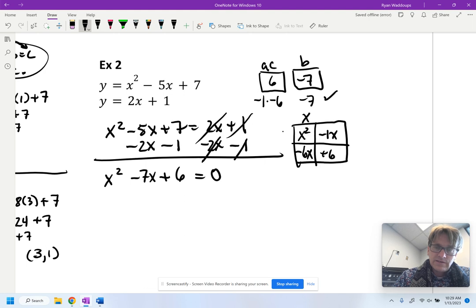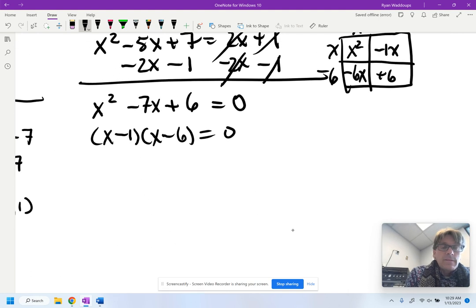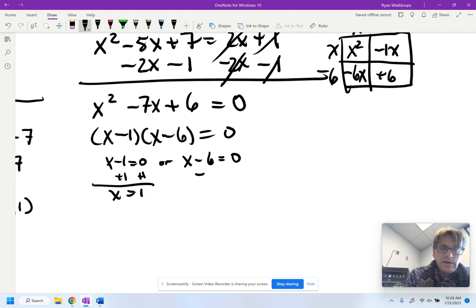And there's an x and an x and a minus 1 and a minus 6. And so the factors are x minus 1 times x minus 6. And then I say x minus 1 equals 0, or x minus 6 equals 0. Adding 1 gives us x equals 1, and adding 6 gives us x equals 6.